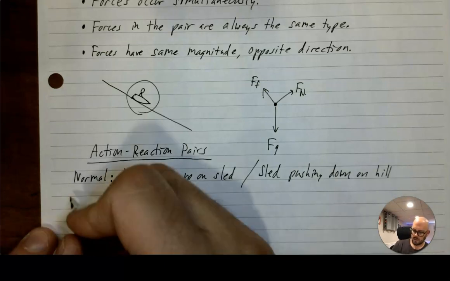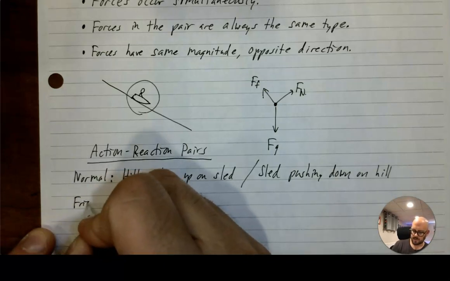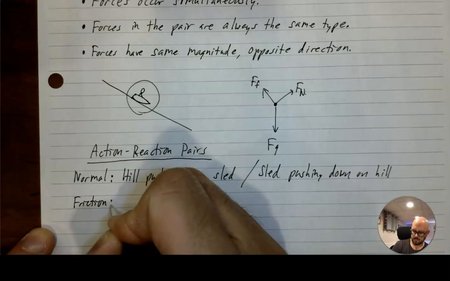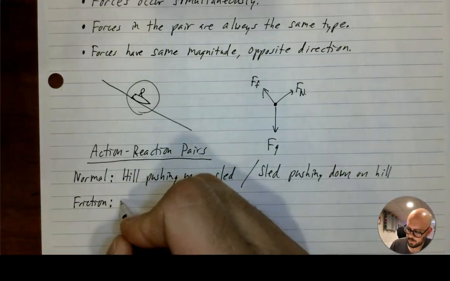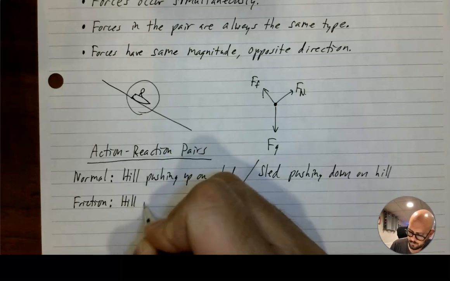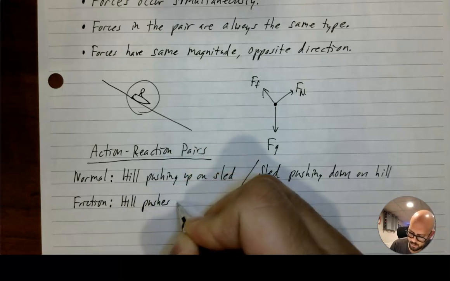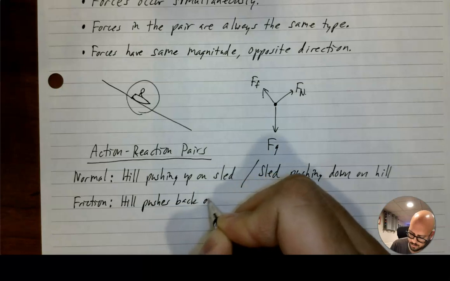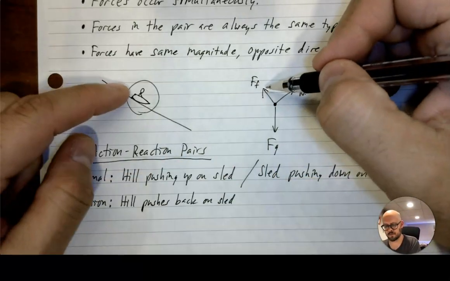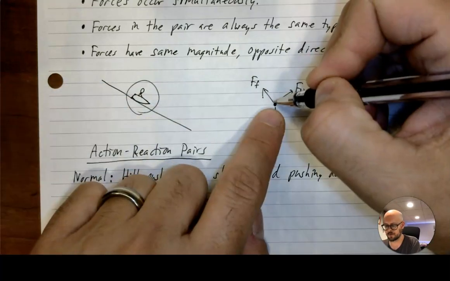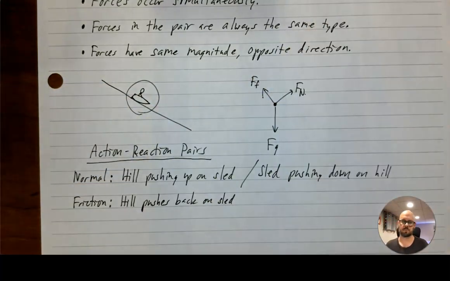Okay. The next one's friction. And friction gets kind of odd also. So the hill pushes back on the sled. Okay, that's kind of easy to see, right? The sled's coming down the hill, and friction is pointing up the hill, so friction is pointing opposite the direction of motion.